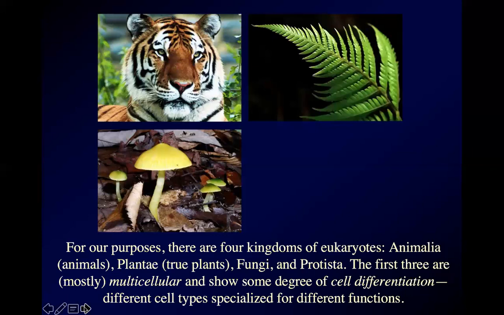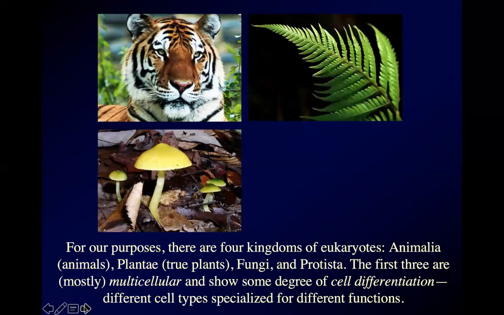What's more, animals, plants, and to a lesser extent, fungi show cell differentiation, which means that different types of cells are specialized to do different things. Your kidney cells do different things from your liver cells, which do different things from the beta cells in your pancreas, which do different things from the Purkinje cells in your brain, which do different things from the cuboidal epithelium lining your ureters.